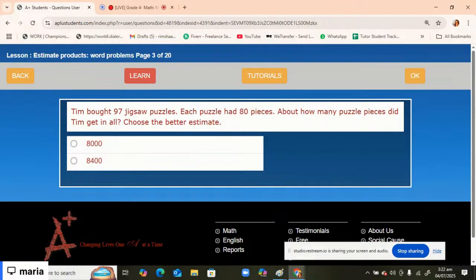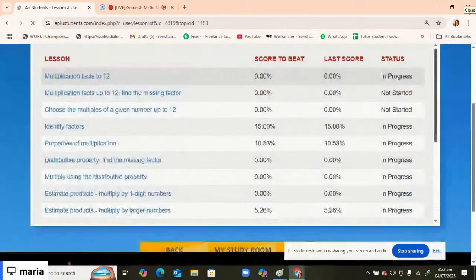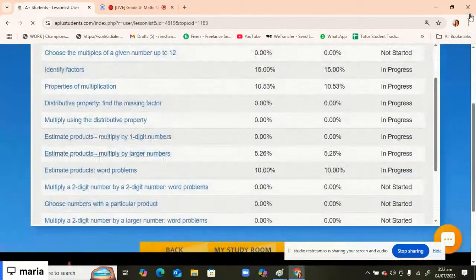Then you're going to round 97 and round 80, then multiply and write your answer. Estimate the products, multiply by large number, estimate problem, word problem is done.